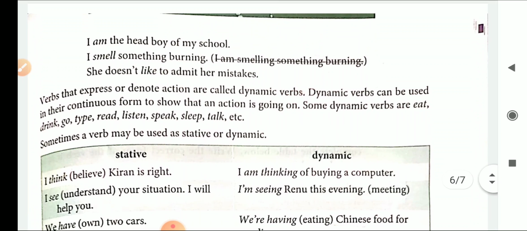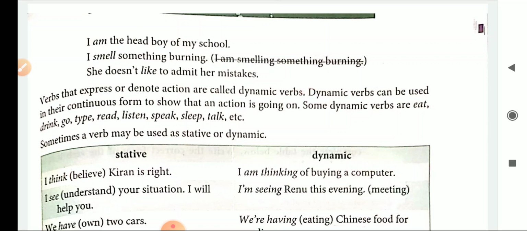Verbs that express or denote action are called dynamic verbs. Dynamic verb means the verb that shows action. Dynamic verbs can be used in their continuous form to show that an action is going on.